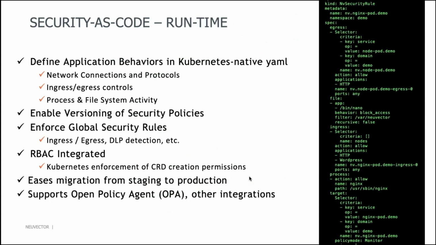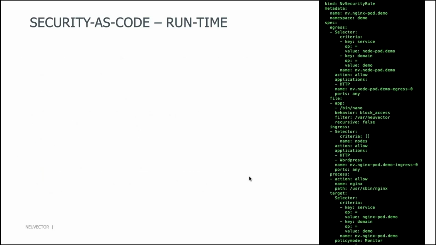You can do it for not just application security rules, but global security rules like no SCP or no SSH allowed into or out of containers. It supports the Kubernetes RBAC and OpenShift RBAC settings. And it's excellent for migrating your security from staging to production. And finally, you can use OPA, Open Policy Agent, to manage and query such security CRDs.